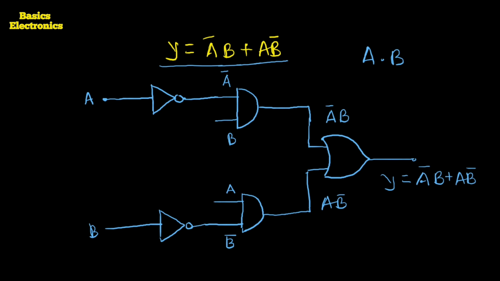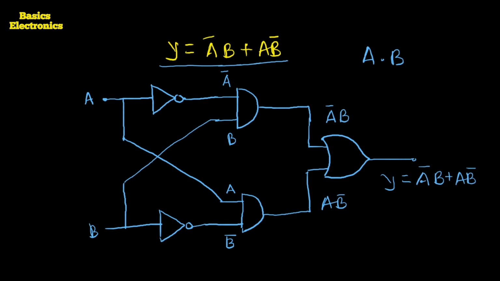Here is the A input. I am going to connect this A input to the lower side and the B input to the upper side. So the A input is connected to the lower gate and the B input is connected to the upper gate. This is the logical diagram of the XOR gate.